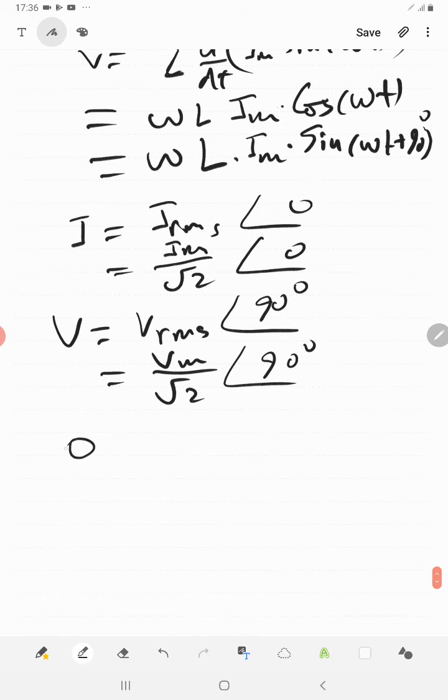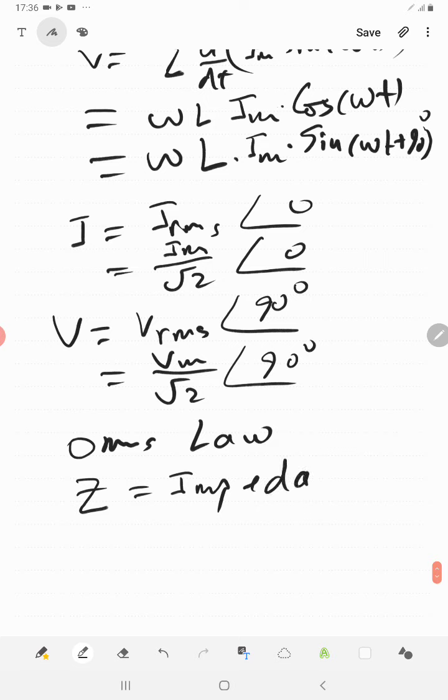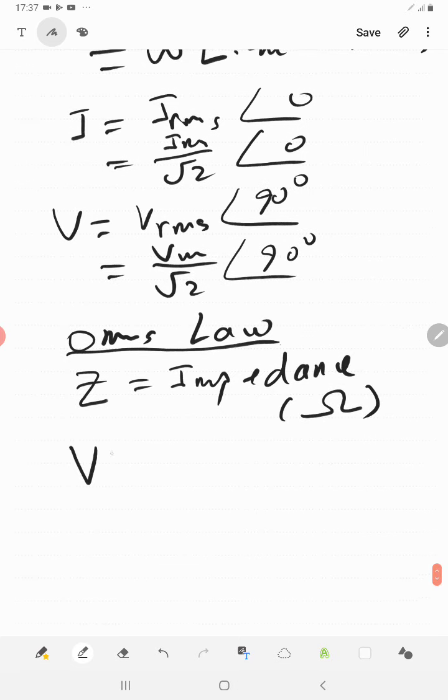Now, Ohm's law says V is a function of I. We say impedance, Z, units in ohms. V as a phasor equals Z times I. So we replace R with Z, okay?